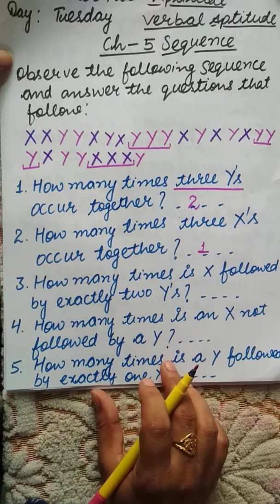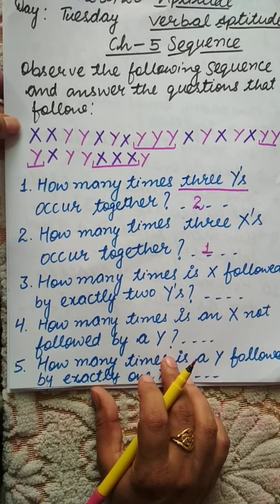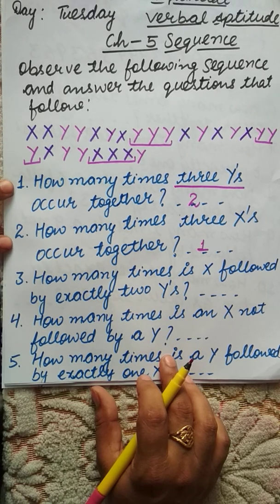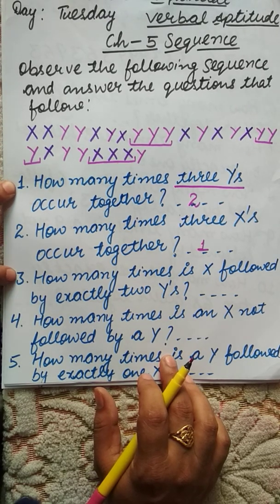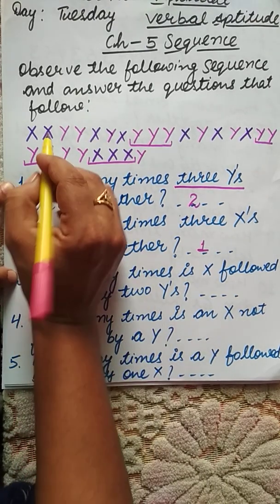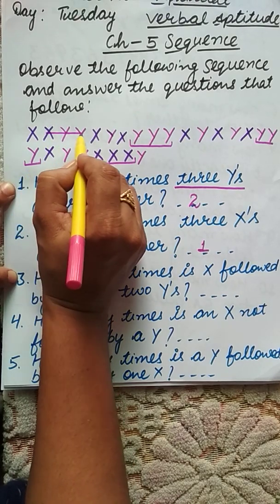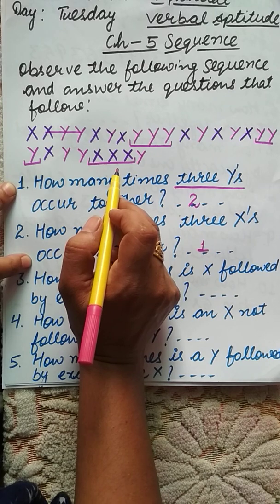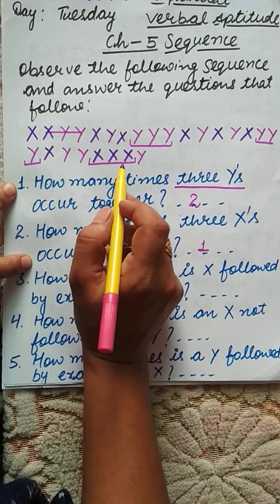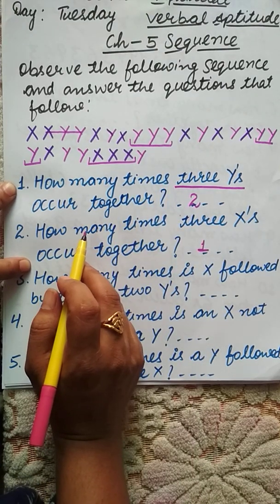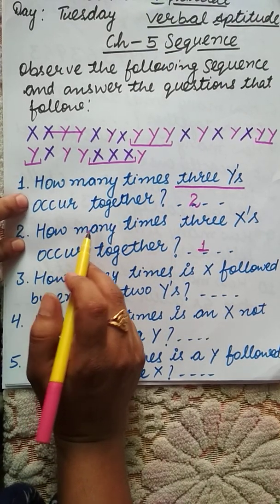The next question is, how many times is x followed by exactly 2 y's? Now I have to find out those x's which are followed by 2 y's.